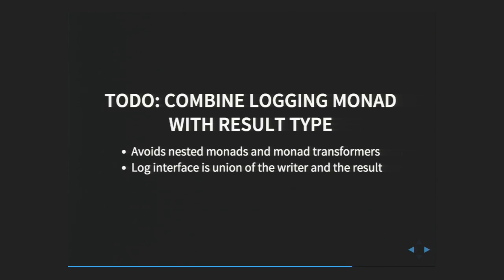And it turns out this is very easy to write, because the writer monad interface is quite simple. The result type interface will typically be quite simple. And they're completely compatible, because the writer is doing accumulation, and the result is typically doing a conditional execution in a flat map or something like that. So they really don't collide very much. You can just union them together and go and start using it.